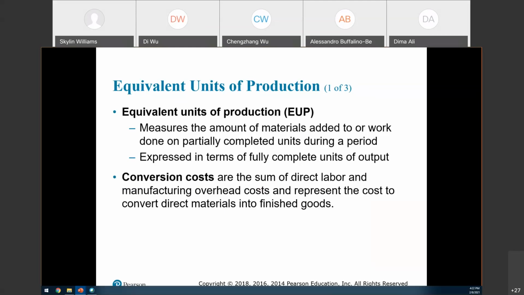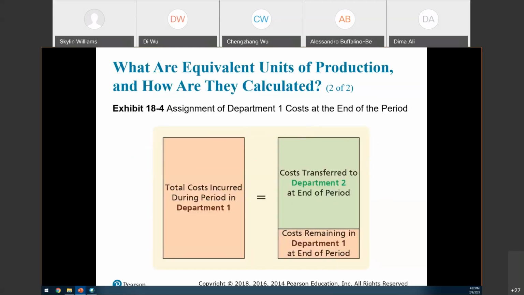So let's go back one slide. EUP, equivalent units of production, is the concept regarding this part, those units not completed in one process.